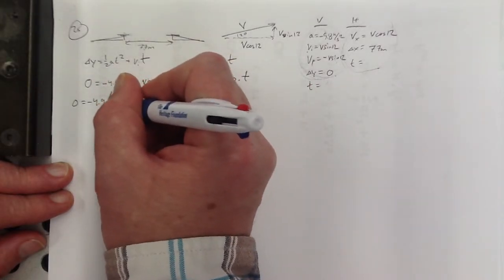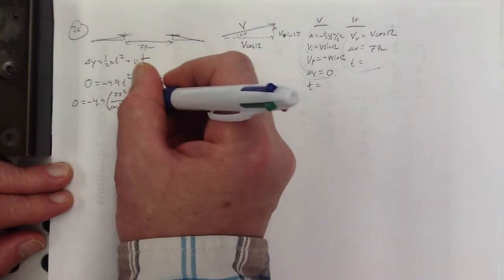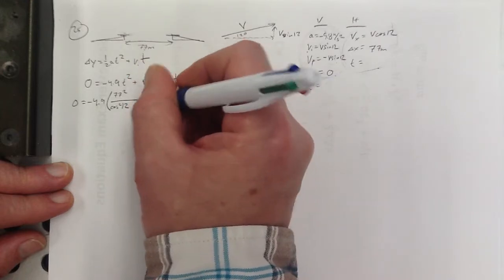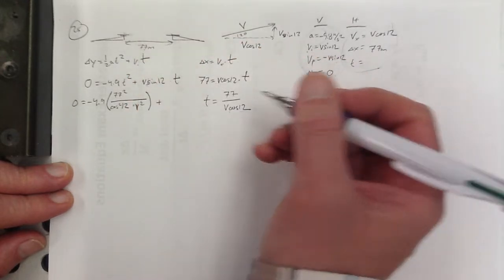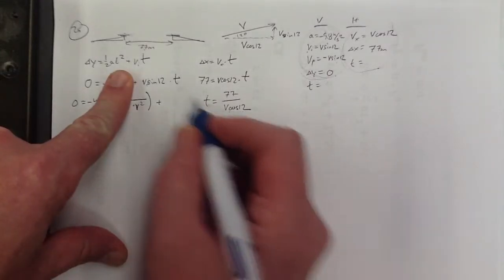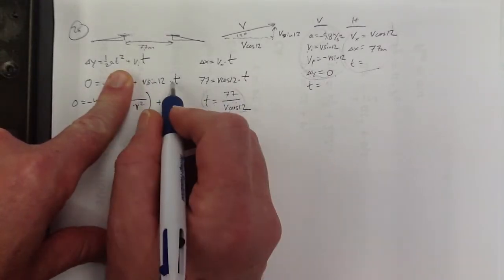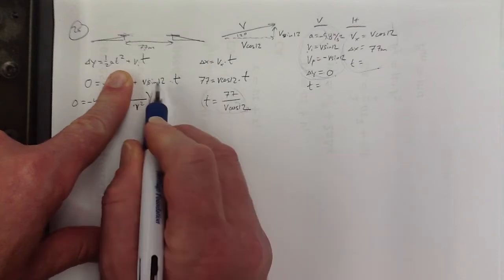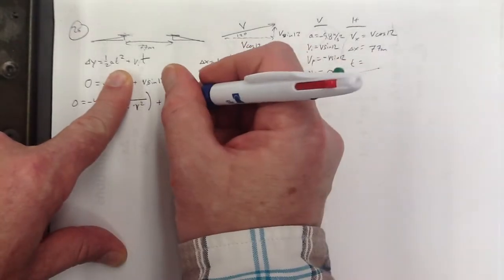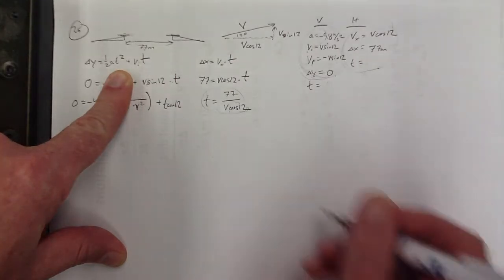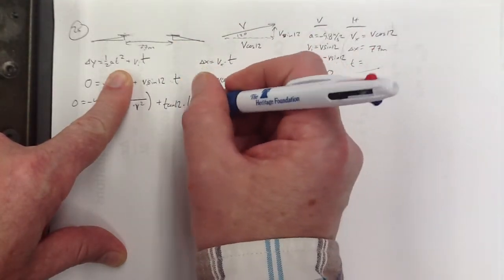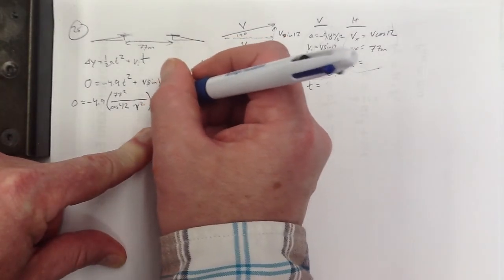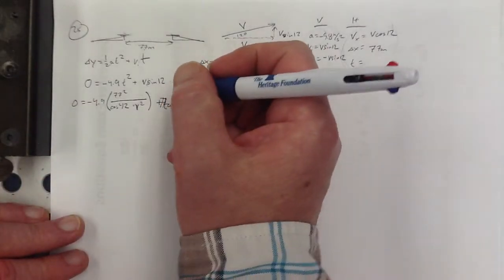Cosine squared of 12 degrees times v squared plus, and then when I substitute this in here, 77 over v cosine 12, the v's are going to cancel out because this is going to be on the bottom, and I have sine over cosine, which is tangent of 12 times t. Oh, and I forgot I lost my 77. There's a 77 in there. All right.